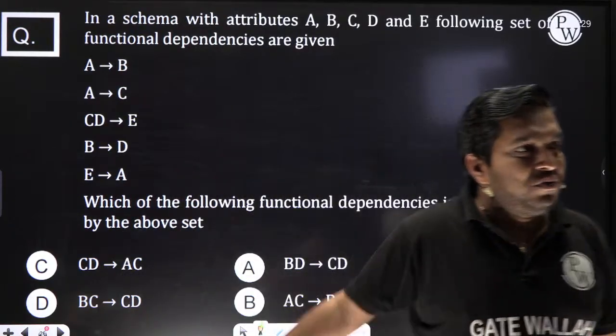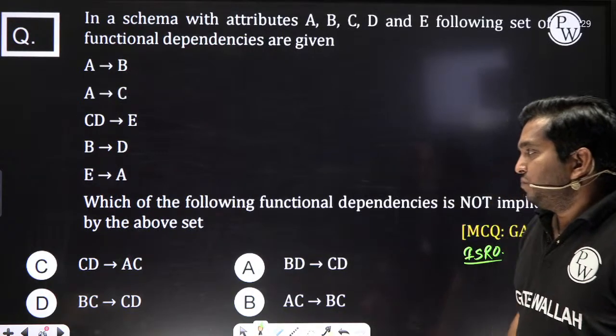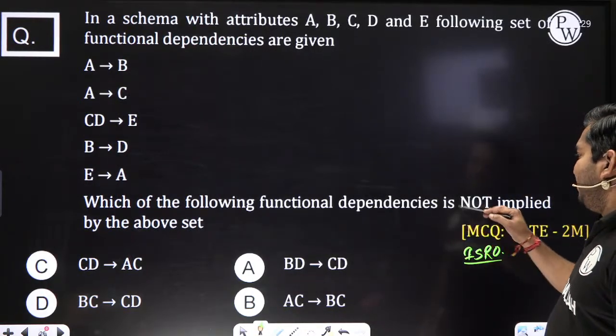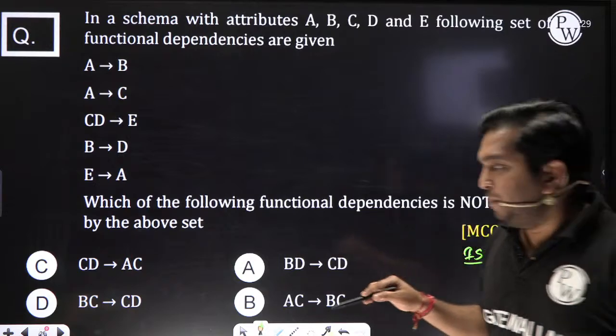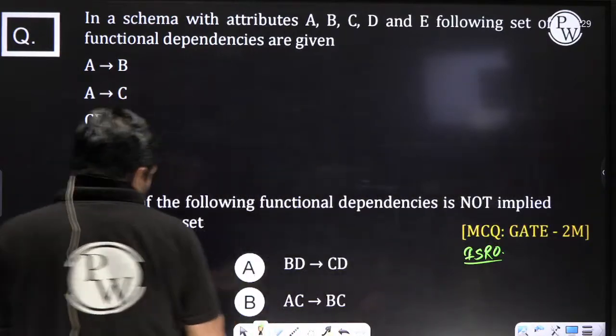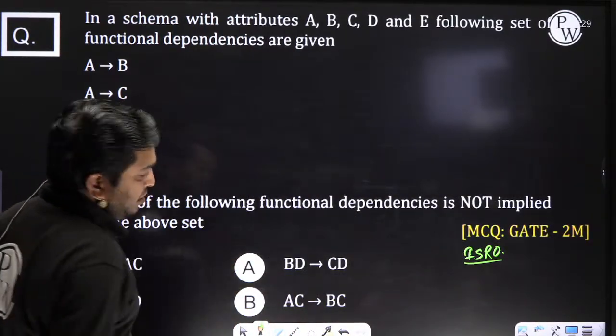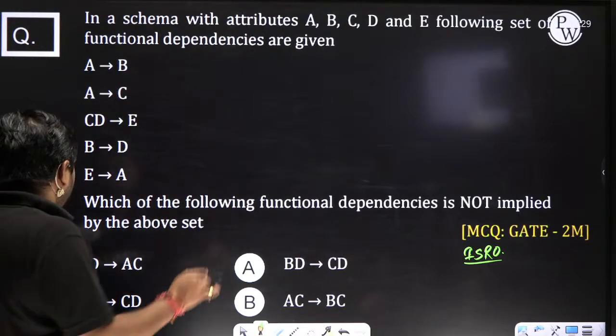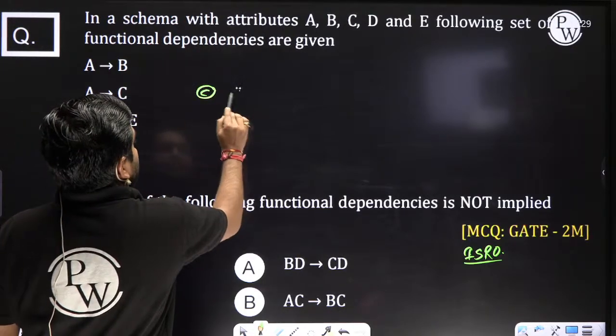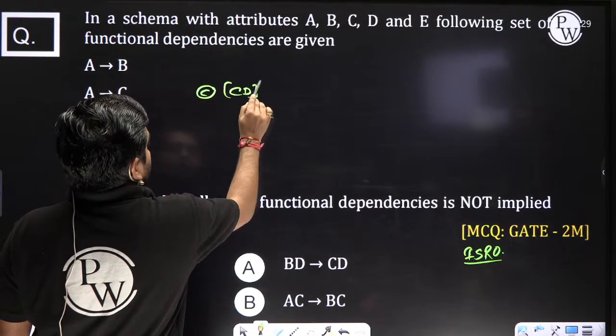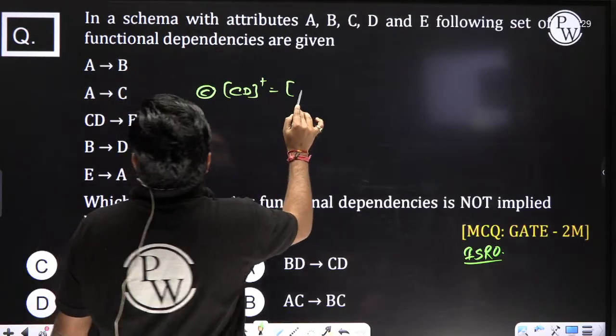Now tell me please, what is the correct answer? What is being asked: which of the following FDs are not implied by the above FDs? Then A, B is different. First, I will take CD.